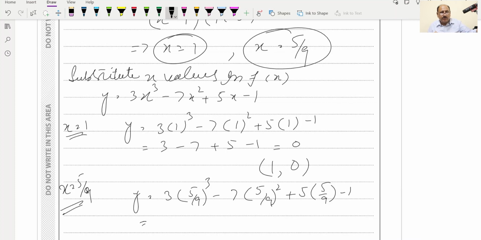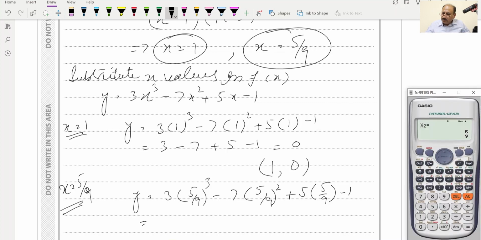This one we can calculate: 3 multiplied by 5 over 9, cubed, minus 7 multiplied by 5 over 9 squared, we have to take the bracket and then square, plus 5 into 5 over 9 minus 1, and this is equal to 32 over 243.